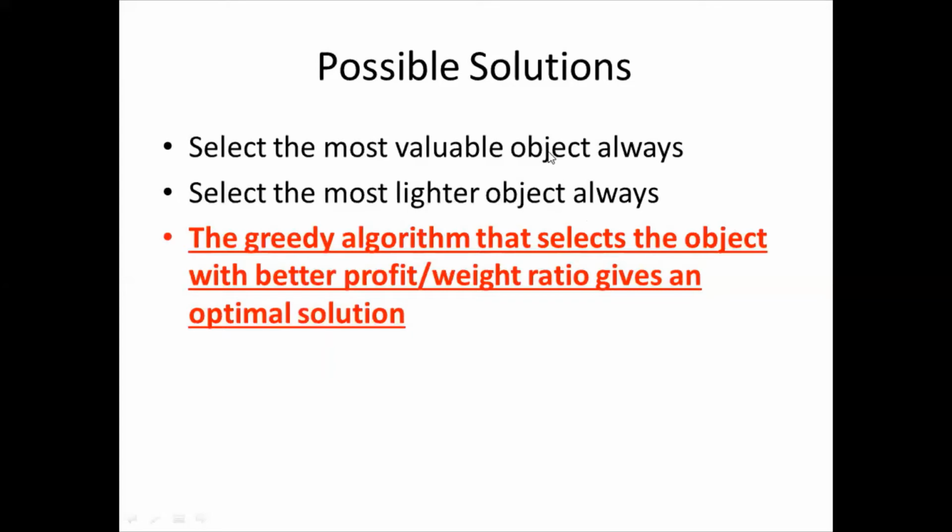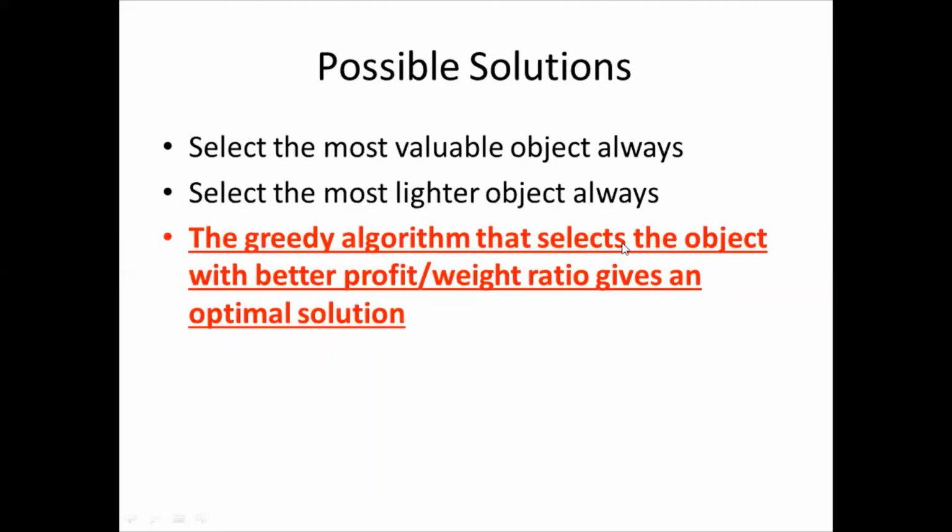So the first case would be to select the object with the highest profit, the most valuable object, always. And the second case would be to select lighter objects at every instance, thereby adding more items into the knapsack, and hence maximizing the profit.